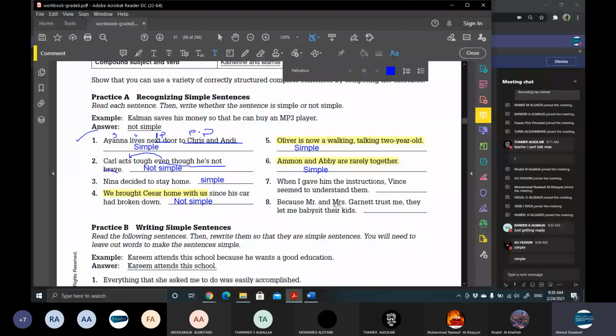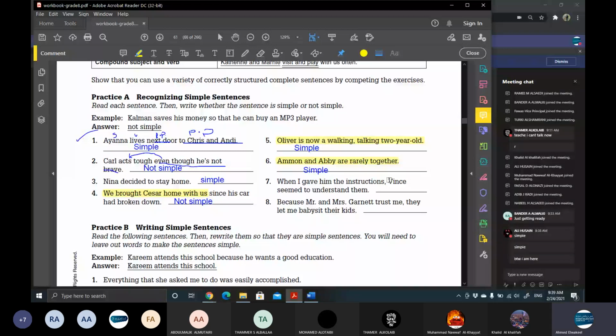Number 7: When I gave him the instructions, Vance seemed to understand them. Simple or not simple? By the way, you're late. So when I gave him the instructions, Vince seemed to understand them. Not simple. Vince seemed to understand them, that's the simple sentence. But here I have another dependent clause, so it is not simple.